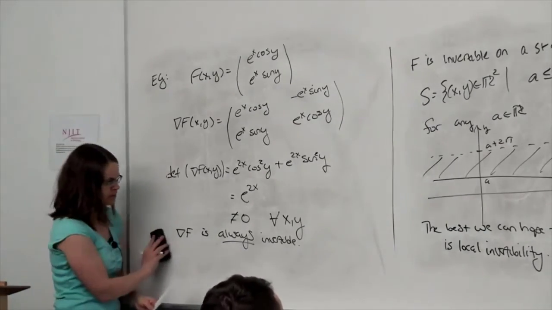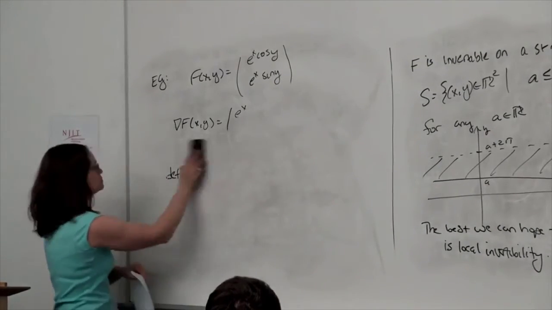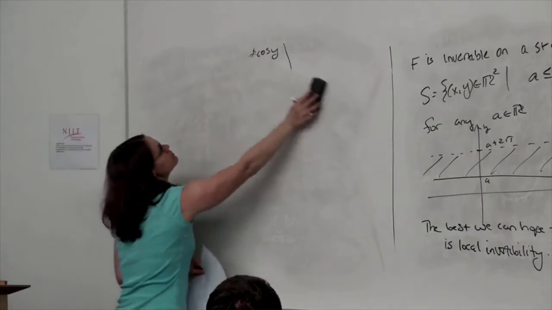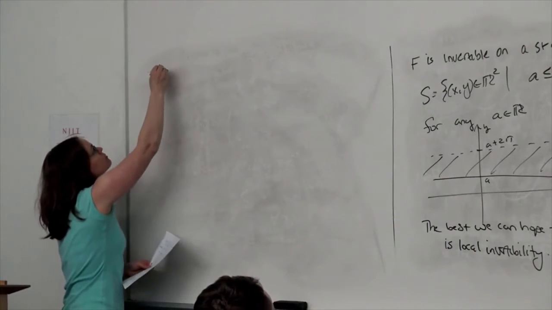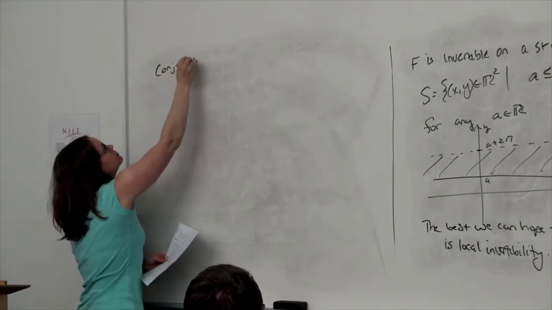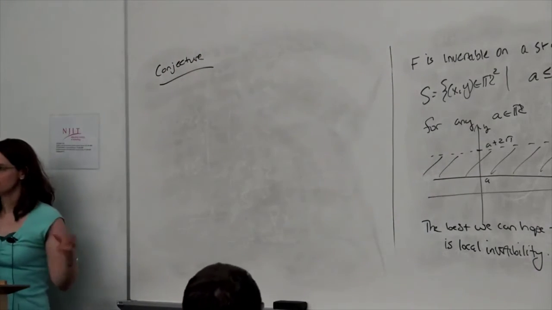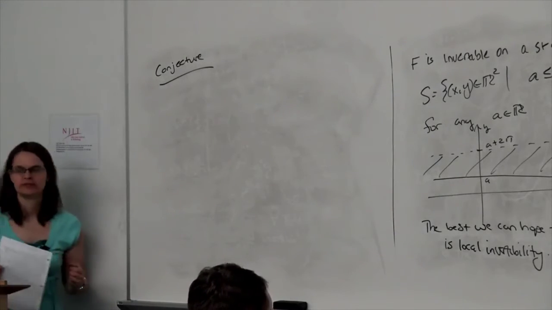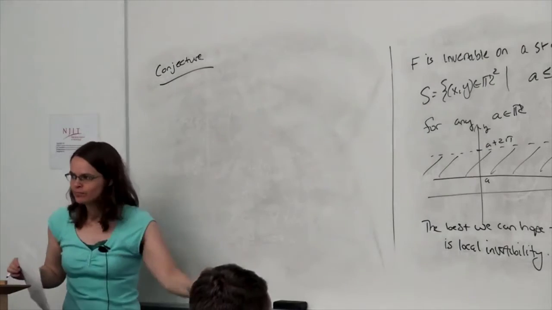So let me write down a conjecture. Let's try to build in all of the pieces that we've thought about today. What we think might work goes in; what we're pretty confident won't work, we won't put into the theorem.